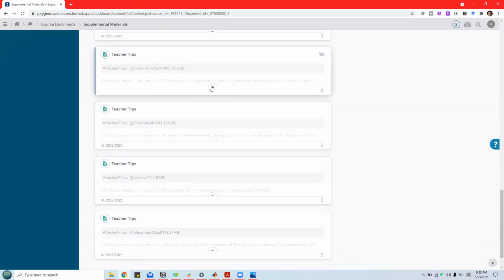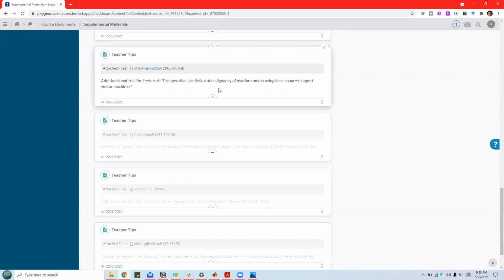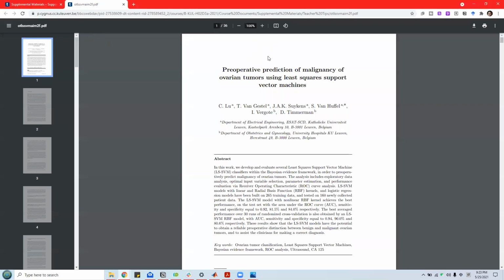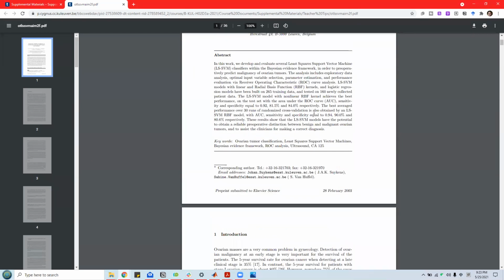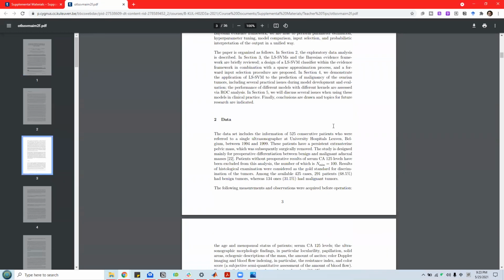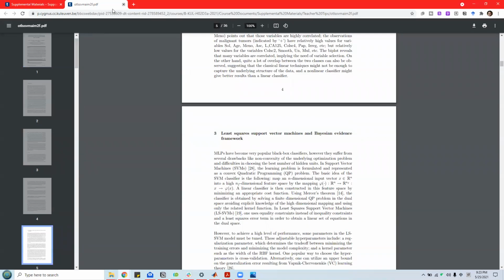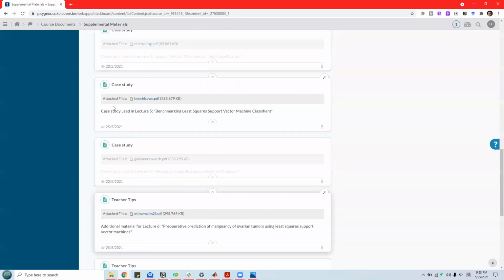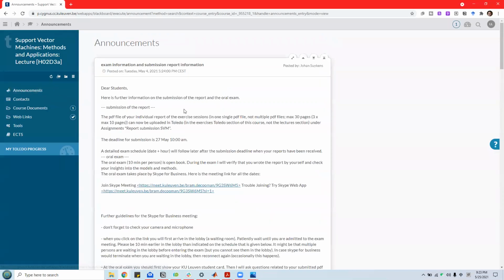So there's an LS-SVM. I'm not sure if this is the one. Maybe not. Doesn't seem to be. Never mind. I feel like they posted about it in the announcements very recently.